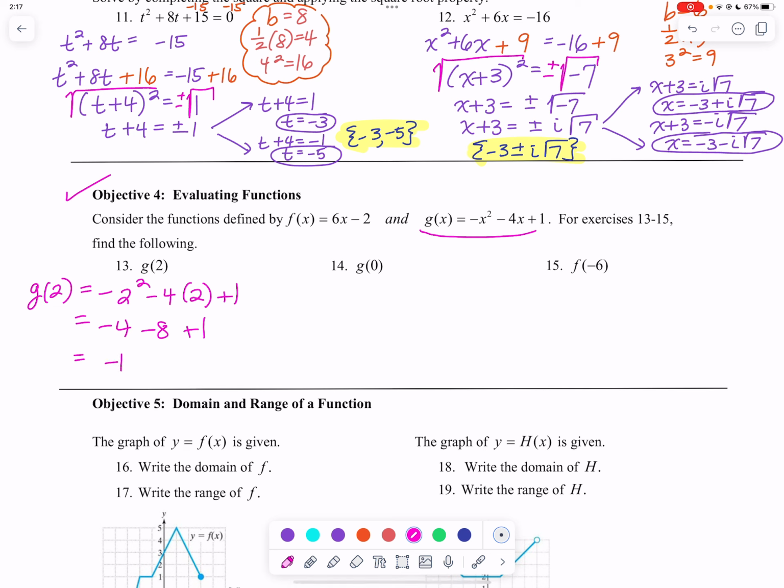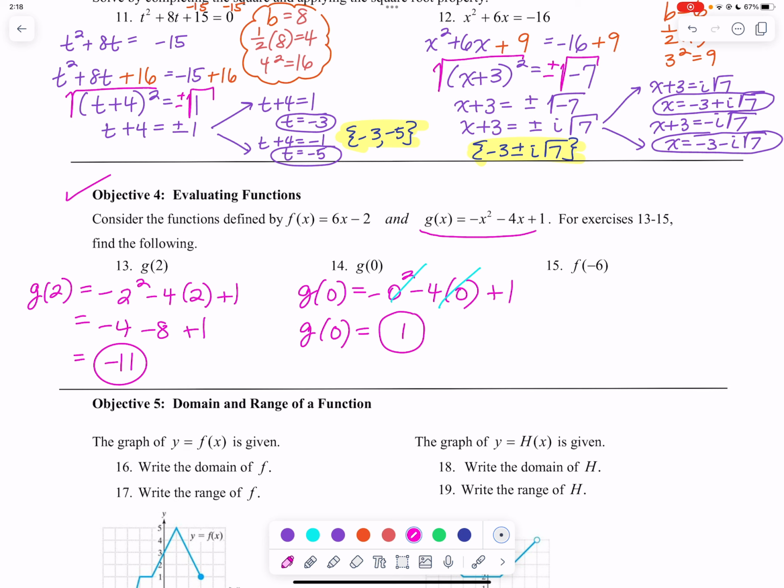And of course, we come up with negative 11. g of 0, that's the opposite of 0 squared, minus 4 times 0 plus 1. And we come up with g of 0 is equal to 1.